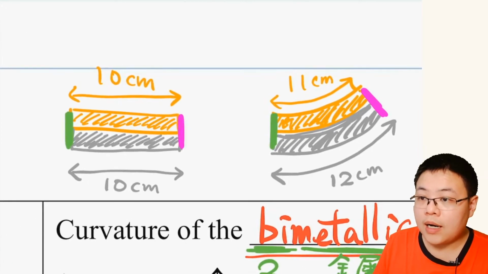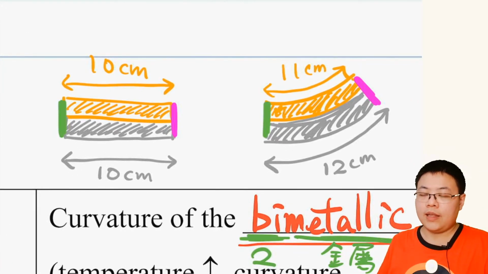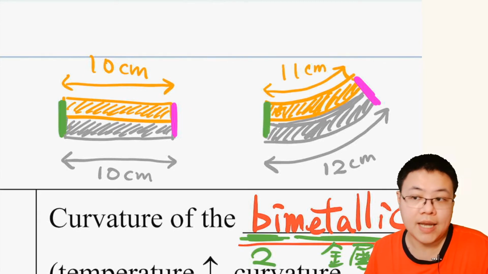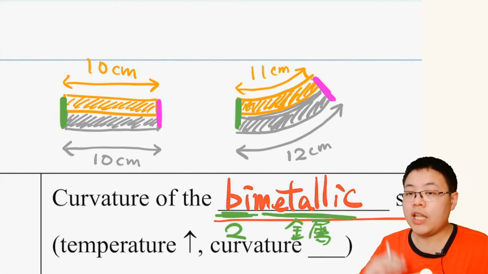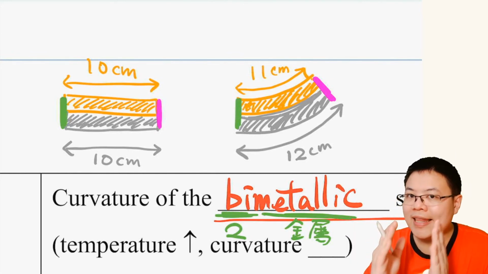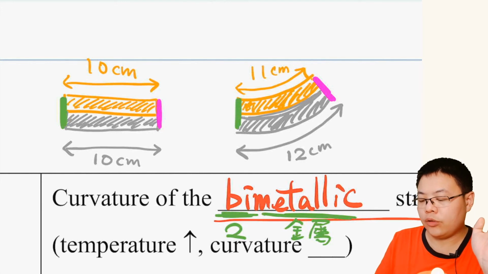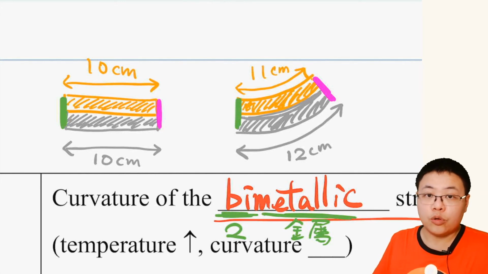Okay, in this part, the illustration drawn here, let's say in low temperature, there are these two types of metal. They are both 10 cm. Okay, but when the temperature increases, they have different levels of expansion. For example, the upper one from 10 to 11, but the lower one from 10 to 12.